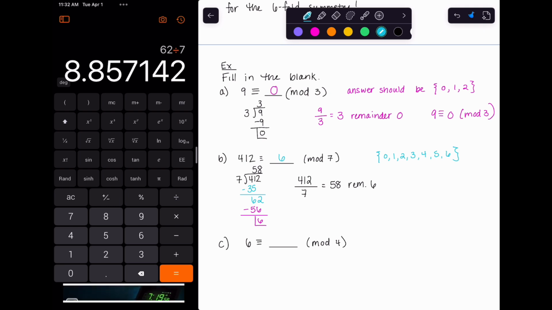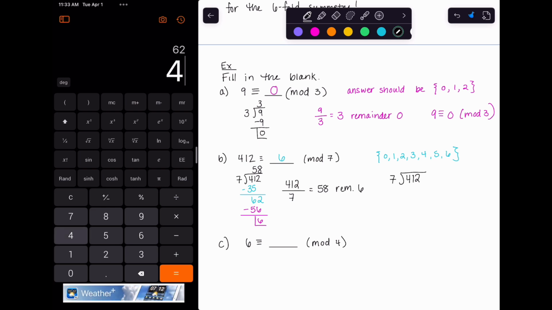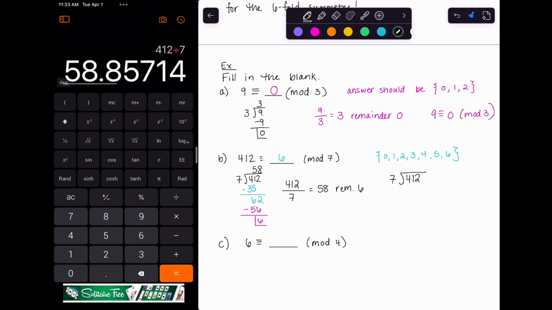Now, realistically, you don't need to go through every little detail like this. What you can also do, just to show you off to the side, if I take 412 and divide it by 7, and I scroll over, you see it goes in 58 times, and then there's stuff left over.